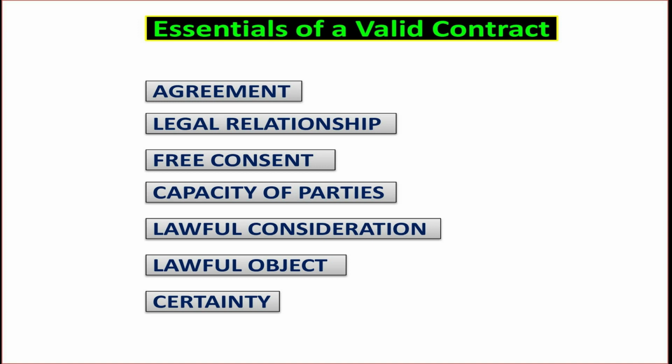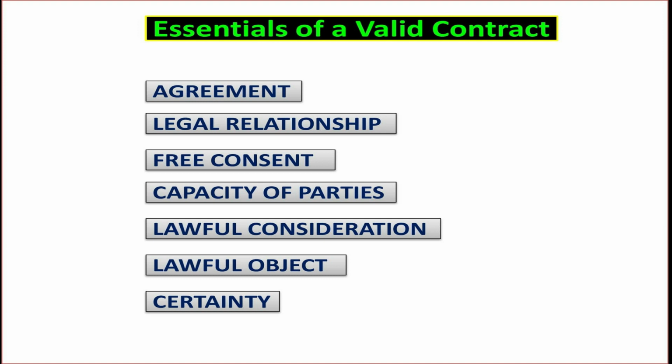Essentials of a valid contract. A contract that is not a valid contract will have many problems and complications for the parties involved in that contract. For this reason, we must be fully aware of the various essential elements of a valid contract.